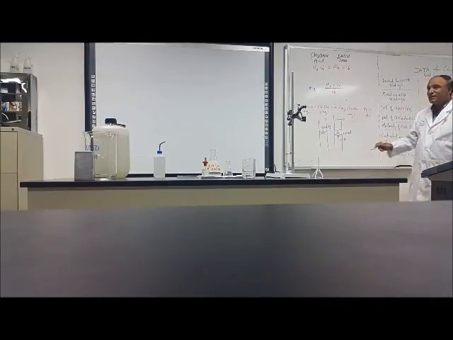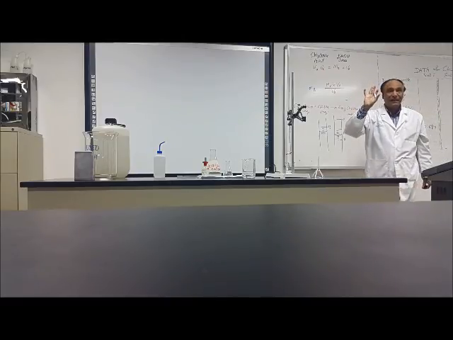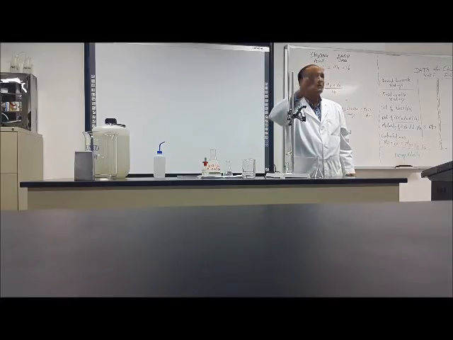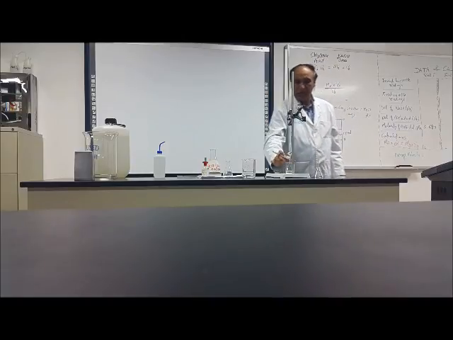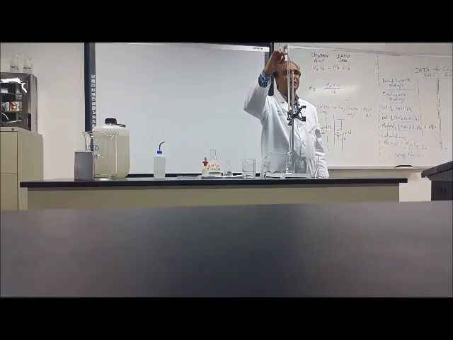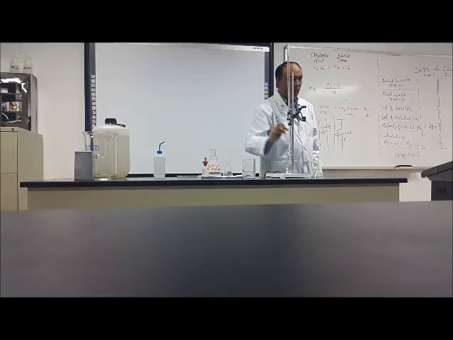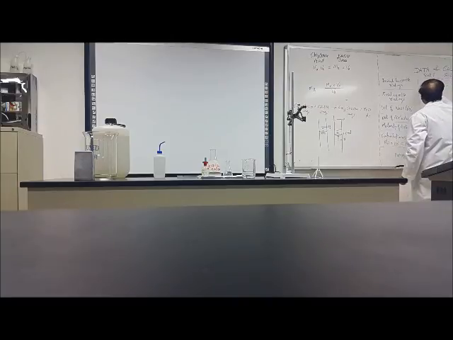This is my initial reading, where I start. As I said, you can start from any point. It makes no difference. If your solution is not enough, no need to fill up to here. You can start from here even. So 1.6, initial burette reading.